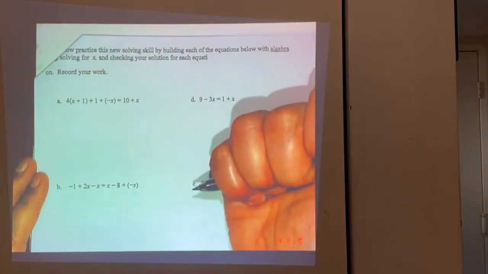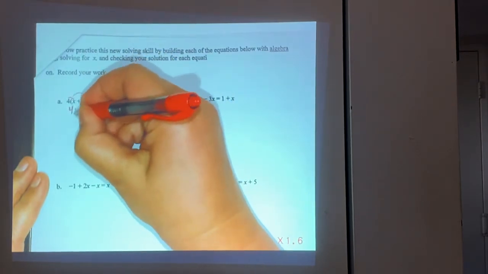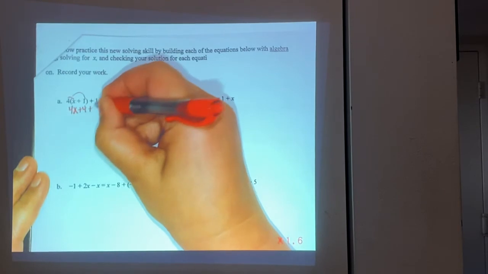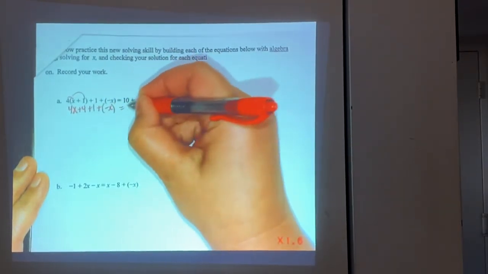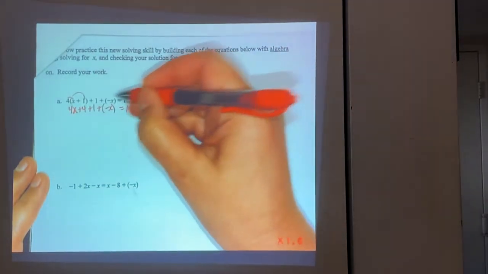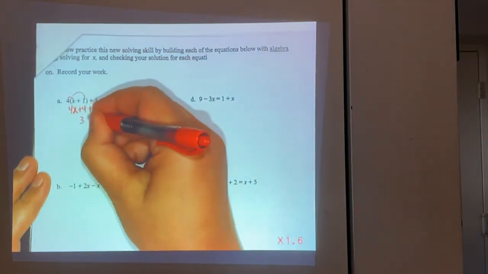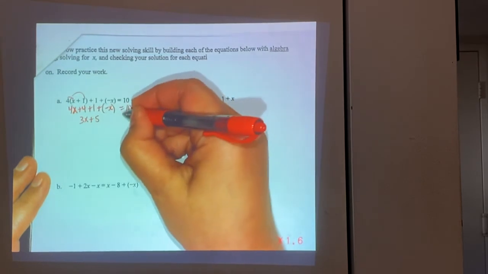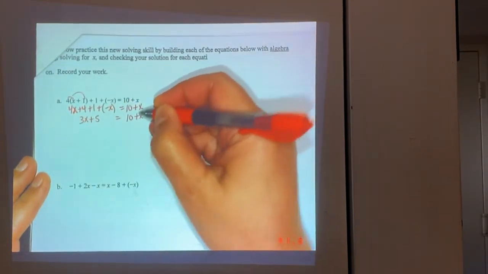Okay, so we have to distribute this 4. 4x plus 4, plus 1, plus a negative x equals 10 plus x. Okay, let's clean this up. If I have 4x minus x, I really have 3x. 4 plus 1, I have 5. Copy the other side down, 10 plus x.